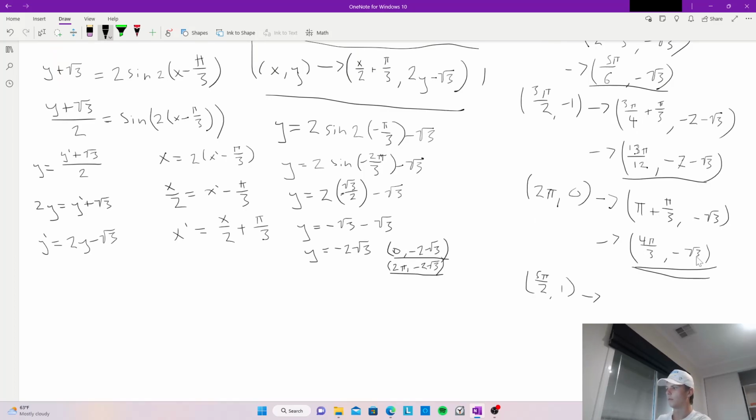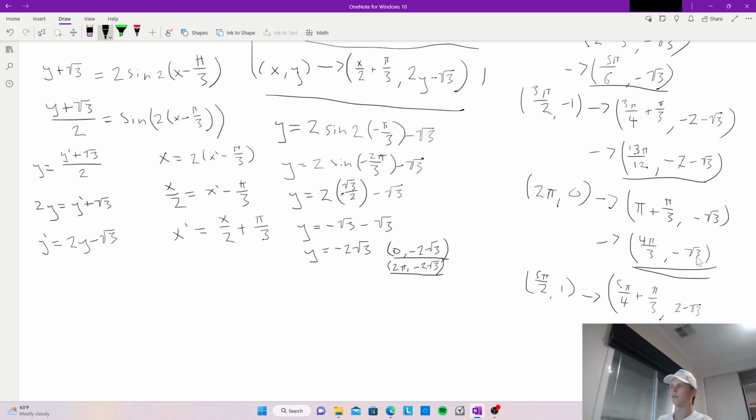I'm just going to plug this into the transformation. So 5 pi on 2 will give us 5 pi on 4 plus pi on 3, and the 1 will give us 2 minus, and this is another maximum point.